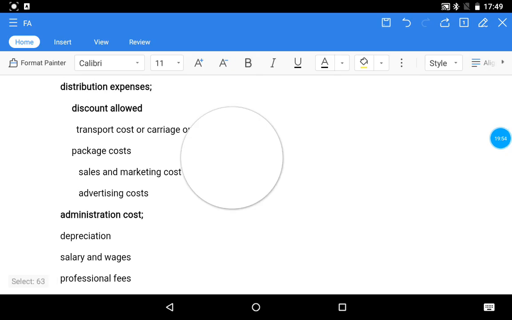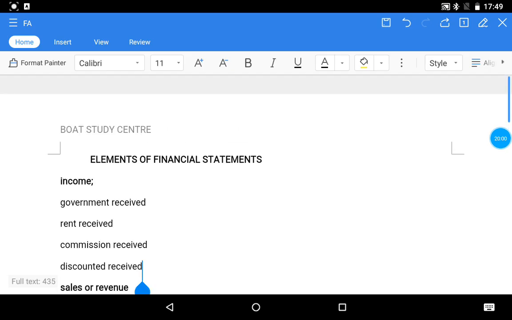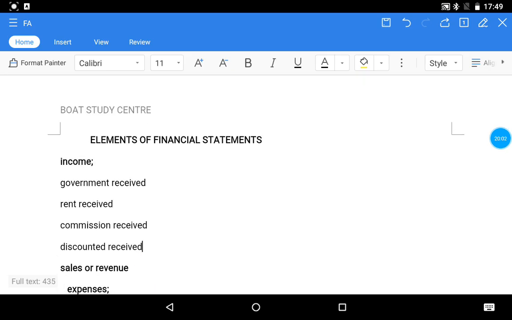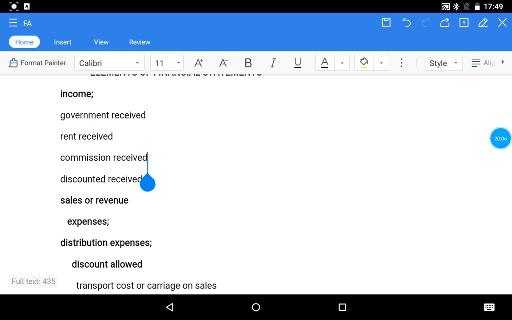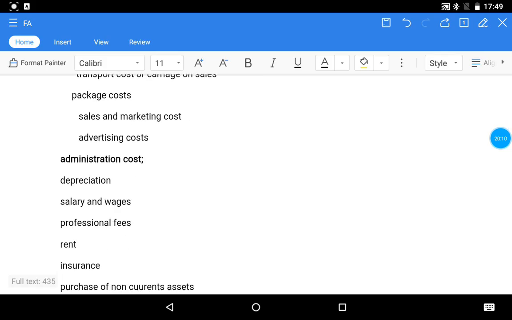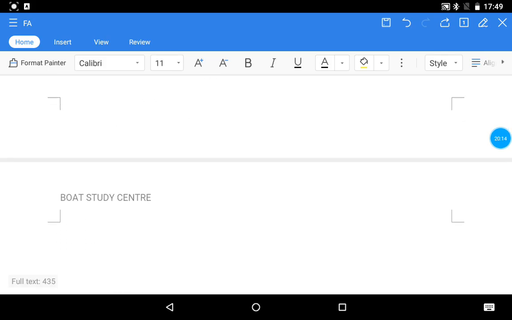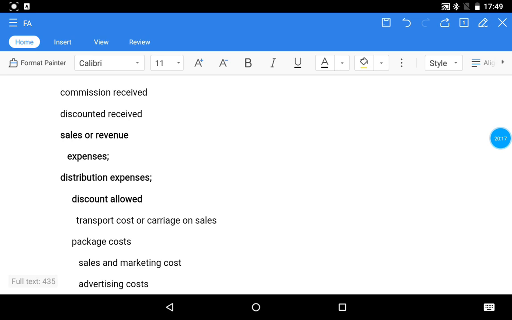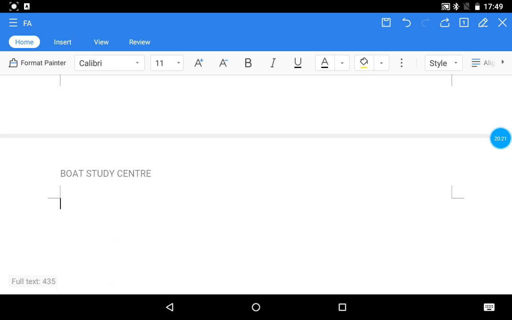But now we are going to look at the ones for financial position. We are going to start with assets.